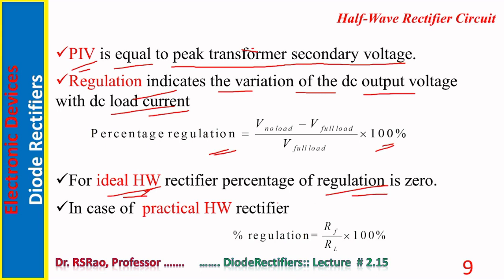In case of a practical half-wave rectifier circuit, it is equal to Rf by RL into 100%. Notice this regulation becomes 0 when Rf is 0. Rf 0 means under forward biased condition, the diode is short circuit. Diode is now ideal. So a half-wave rectifier circuit which uses an ideal diode is an ideal half-wave rectifier circuit, and its regulation is 0.